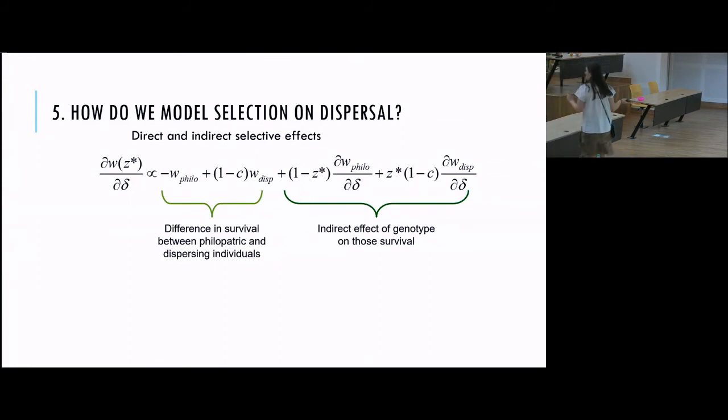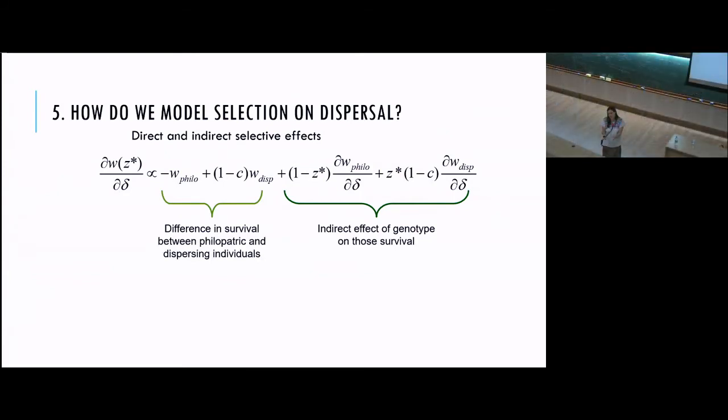Z dot is a general, you will see that later, maybe it's just confusing. Z dot is just a focal individual that you consider. But here you're considering a focal individual with the mutant allele, because that's what you want to compute to know whether the resident strategy is going to be invaded.